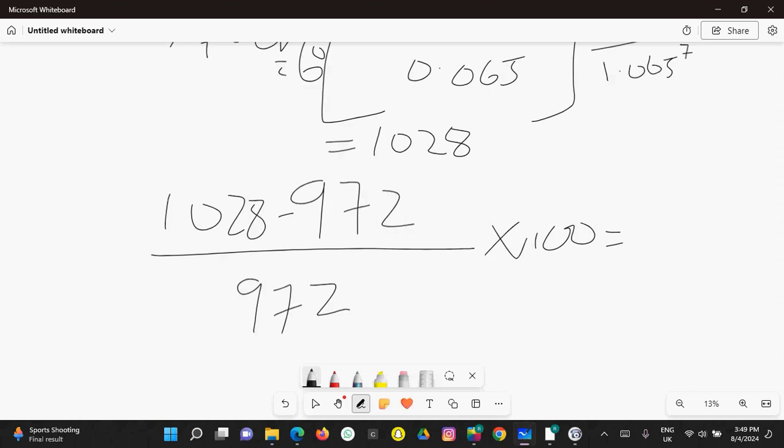This is going to give us, you have to be fast, otherwise this will take all your time. This is going to give us 5.76, right, 5.76%.